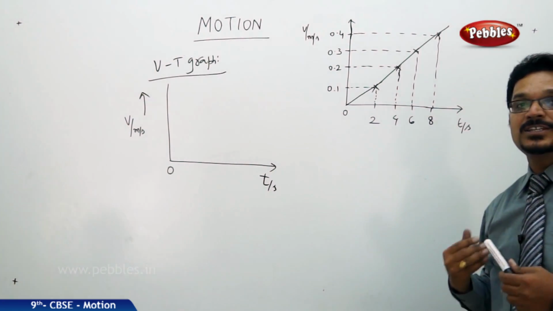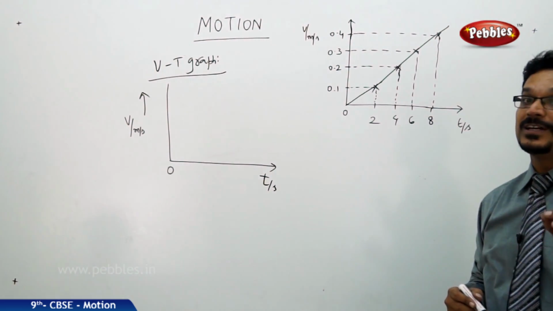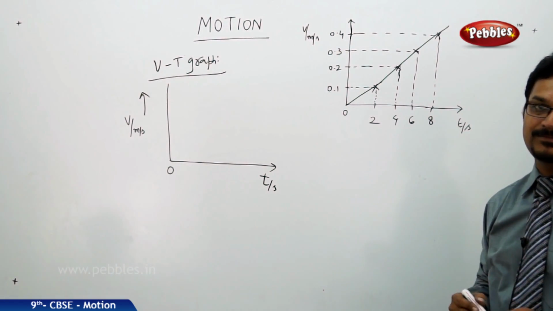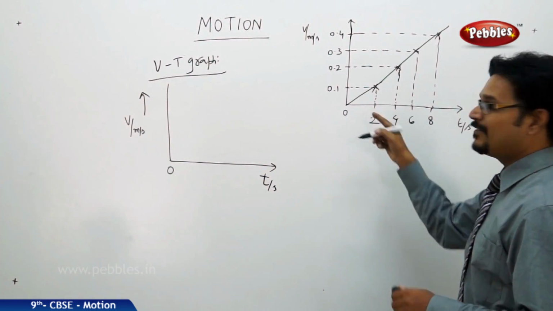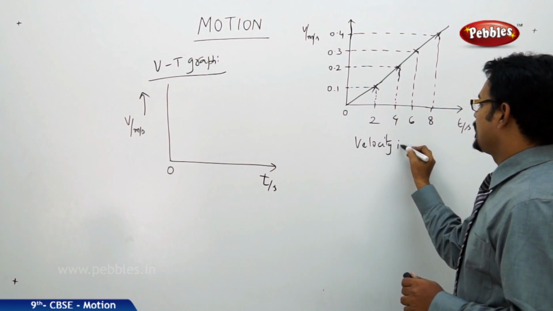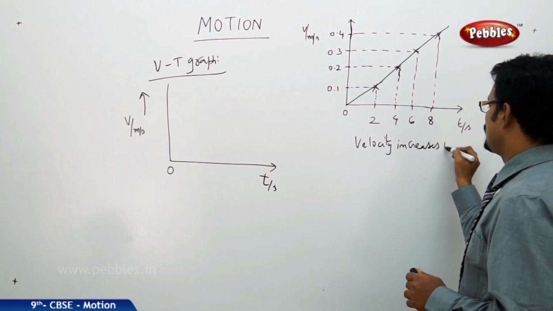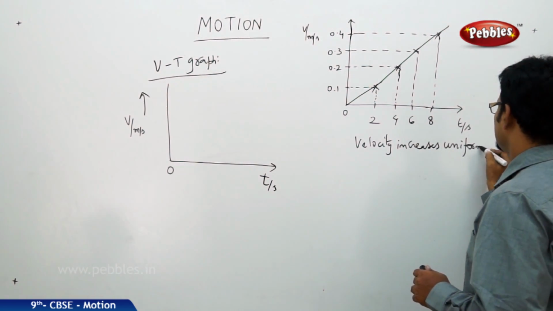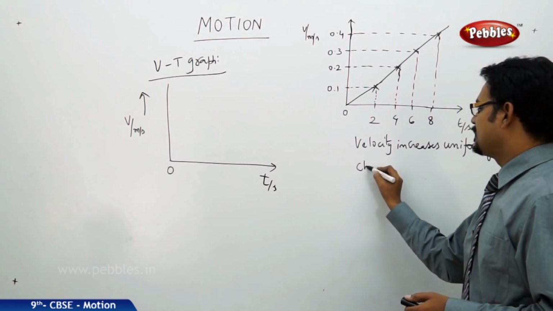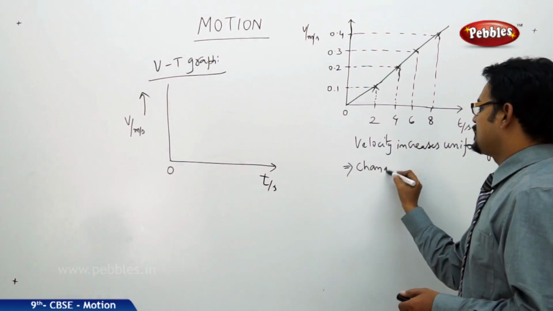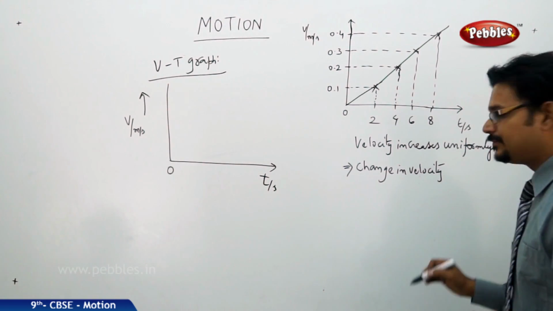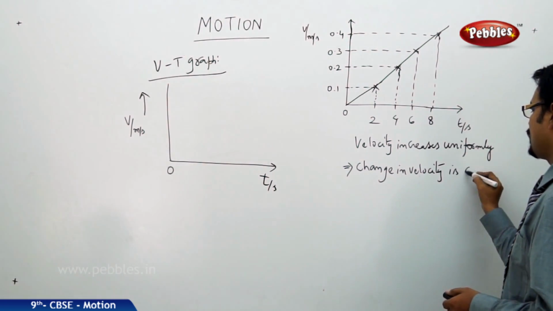When the velocity is increasing uniformly, you can say the change in velocity with respect to time is constant, right? So this graph says velocity increases uniformly, which implies change in velocity is constant.